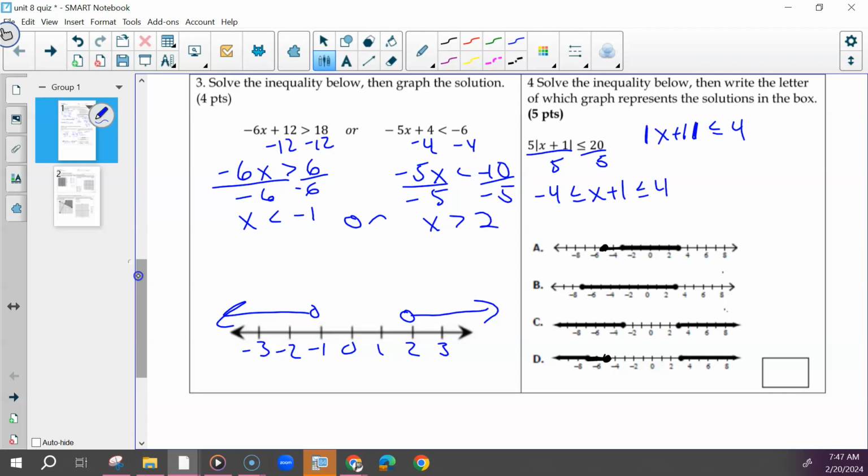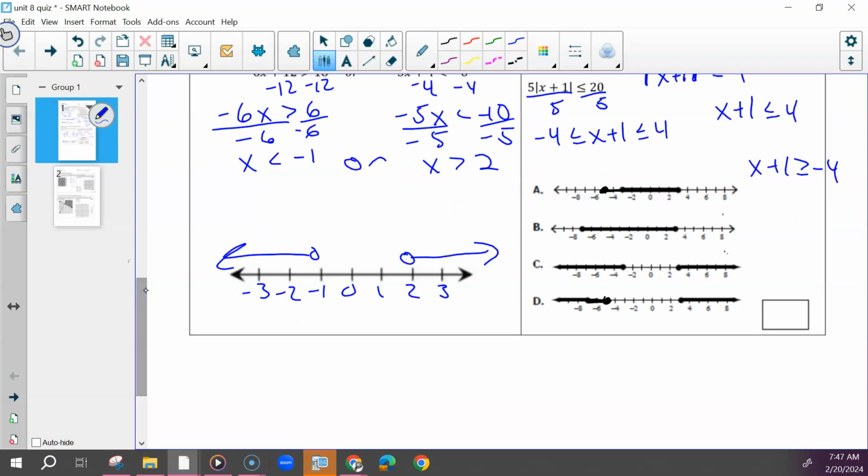Or you could have made the two separate cases. But if you made the two separate cases, make sure you flip the direction of the sign and make the number negative.